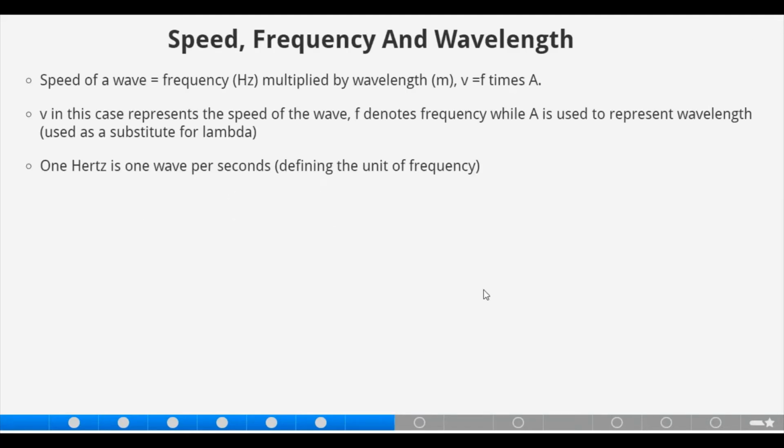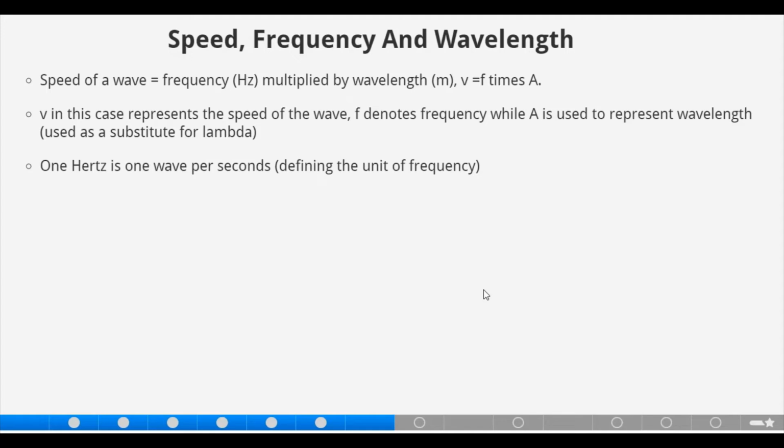Speed, frequency, and wavelength. Don't forget that I used lambda to represent wavelength the other time. So to define the speed of a wave, it is equivalent to the frequency, which is measured in hertz, multiplied by the wavelength. Wavelength is measured in meters or subunits like centimeters.